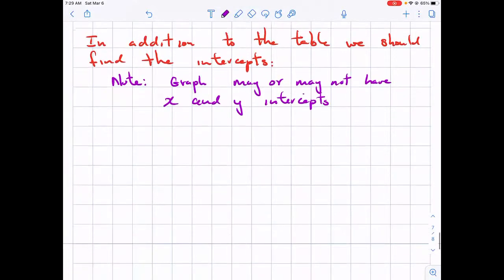So for example, on the previous picture, we had a scenario of both X and Y, right?